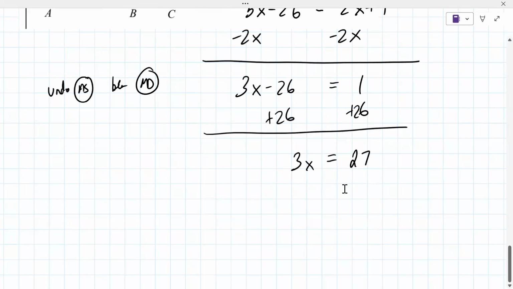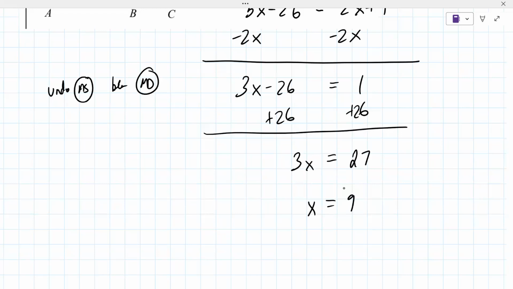Give me your final value, please. Just gotta divide it by 3. It's 9. x is 9.